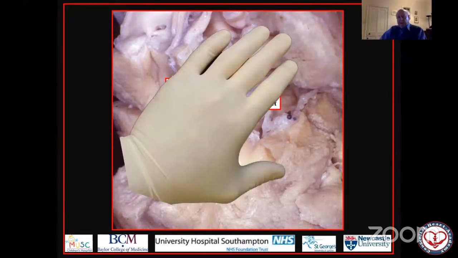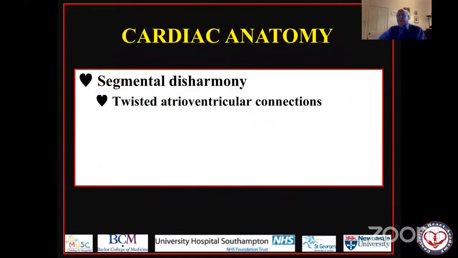The problem in this heart is that the inlet does not connect to the morphologically left atrium as we would expect, because we would expect this to be congenitally corrected transposition. In fact, in this heart, the inlet tricuspid valve is still supported by the morphologically right atrium, which is usually arranged. So this is a rare heart that has segmental disharmony, but with twisted atrioventricular connections.